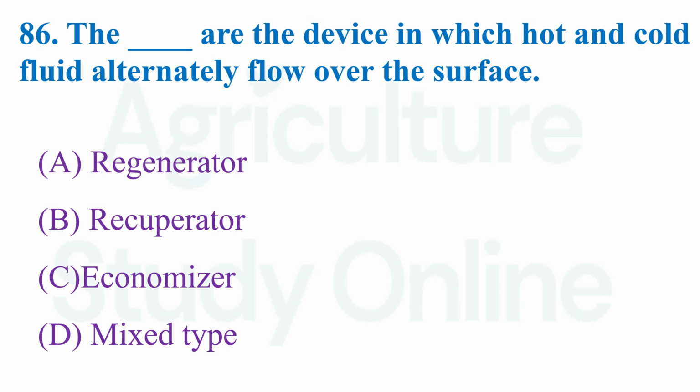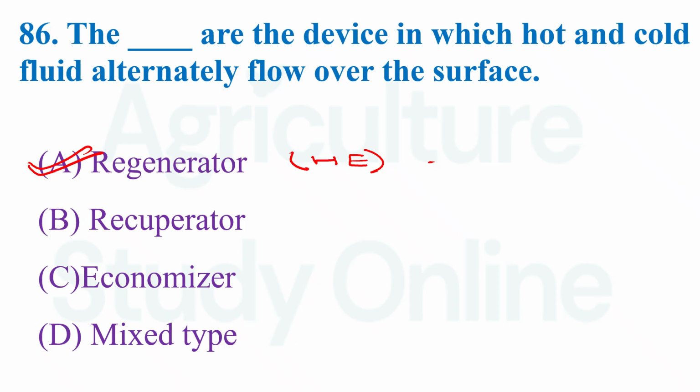Question 86. The dash are the device in which hot and cold fluid alternatively flow over the surface. So it is regenerator. So regenerator, basically they are the type of heat exchangers in which the hot and cold fluids will not flow simultaneously, whereas they will alternatively pass over the same surface.